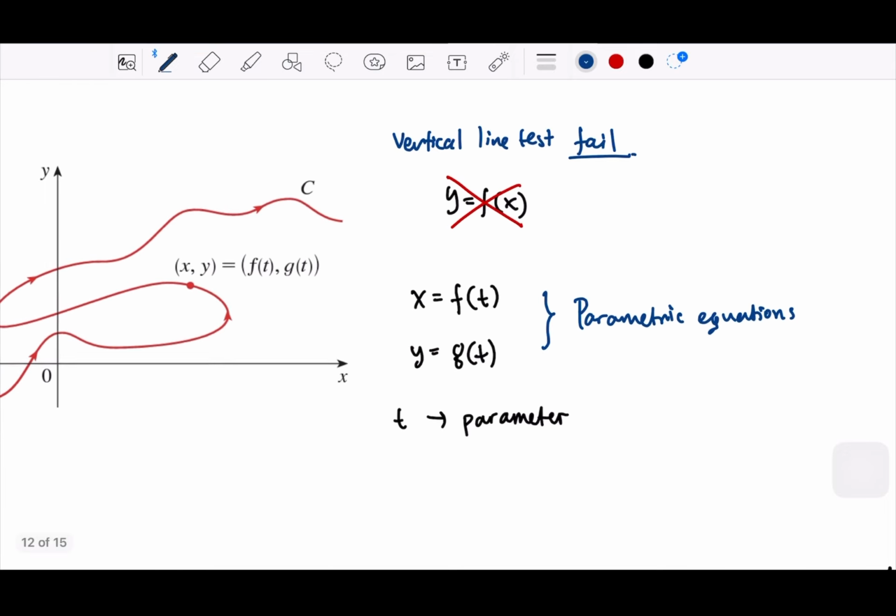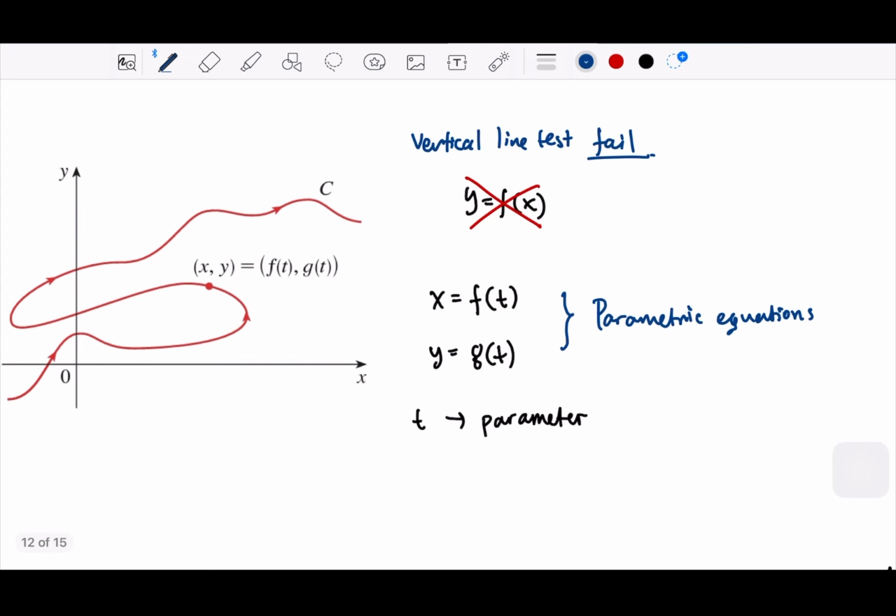Each value of t determines both x and y. And the curve we call a parametric curve. It's not necessarily written as t. It can be any variable, but this is how we usually define it, with t.